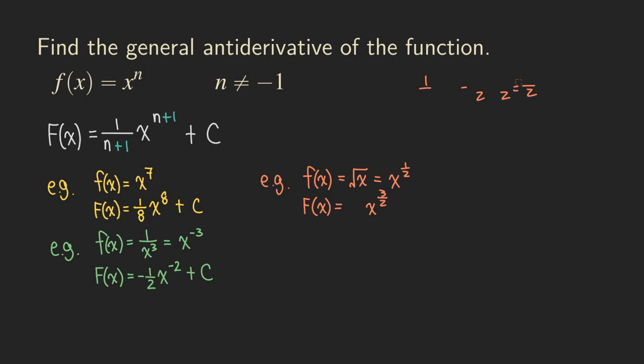Now, again, we need to multiply by some number in the front, right? What is that number? That number would be the reciprocal of our new power. So what is the reciprocal of 3 over 2? It's going to be 2 over 3. Let me write it one more time. 2 over 3. And then plus the constant c. Okay, let me just show one more example.